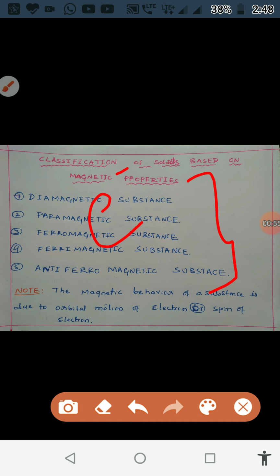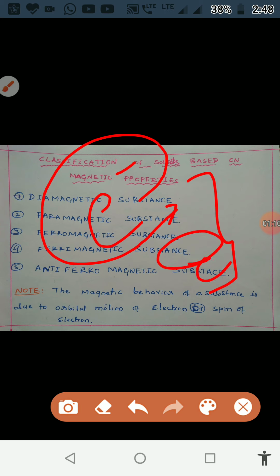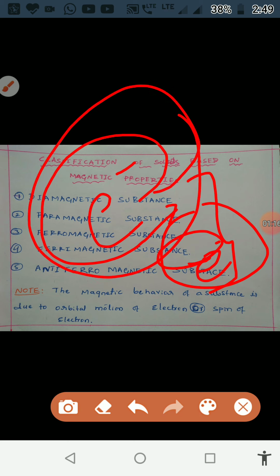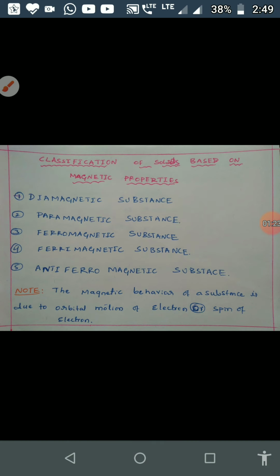Here, electron is a charged species, so it can travel, that means it can show either orbital motion or it can experience the electron spin. Due to the electron spin and orbital motion of this charged species, the solid is said to show the magnetic properties.